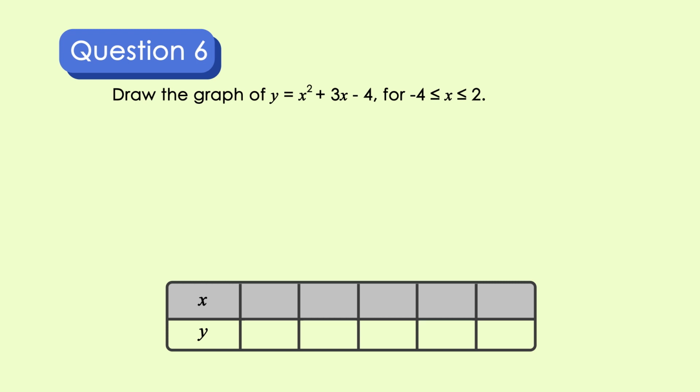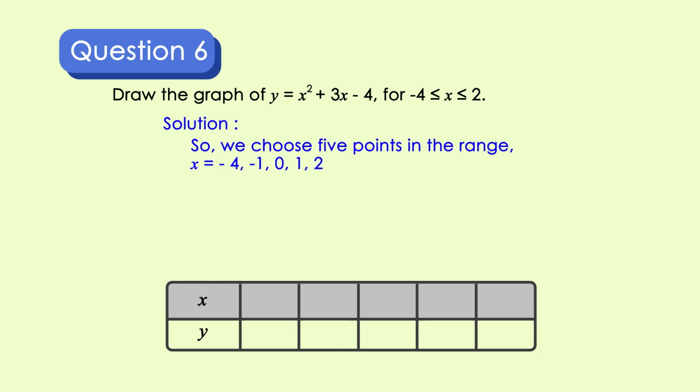Now, we need to construct the table of values for the given range of values of x. So, we choose 5 points in this range, which are x equals negative 4, negative 1, 0, 1, and 2.